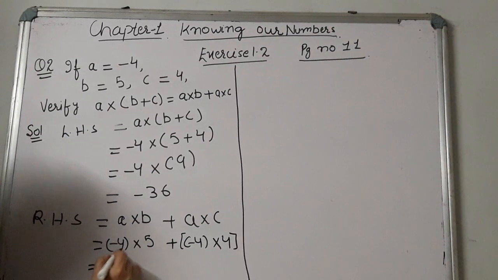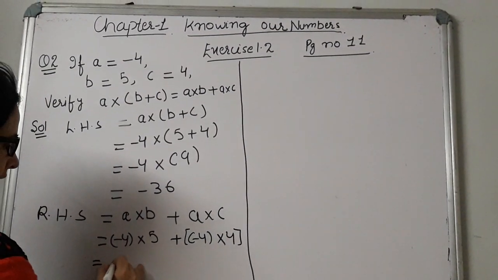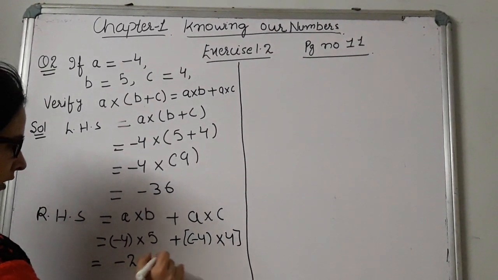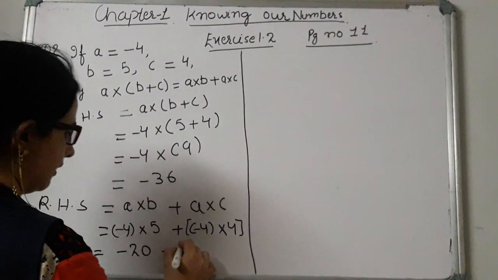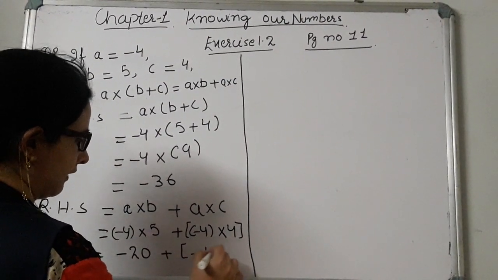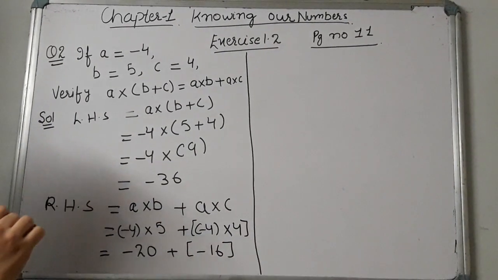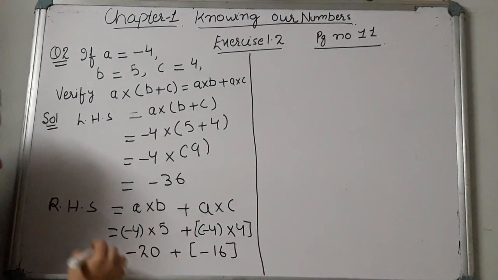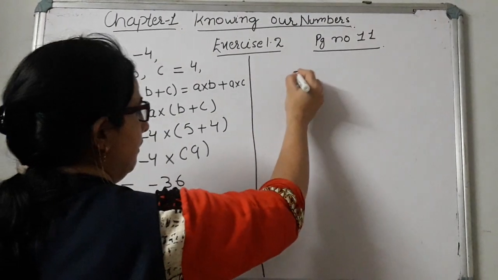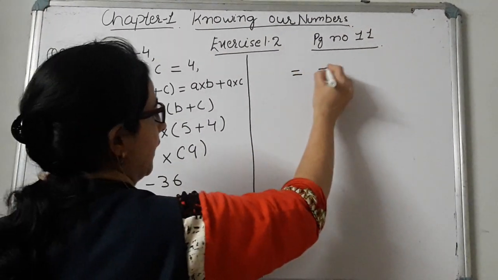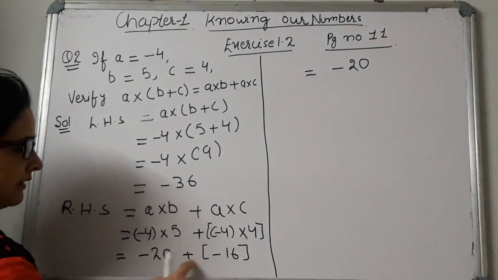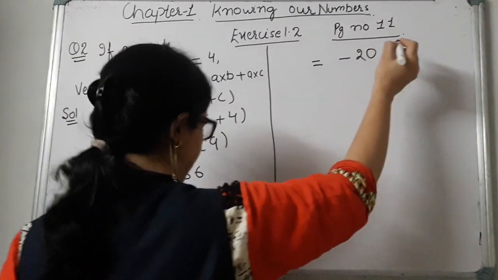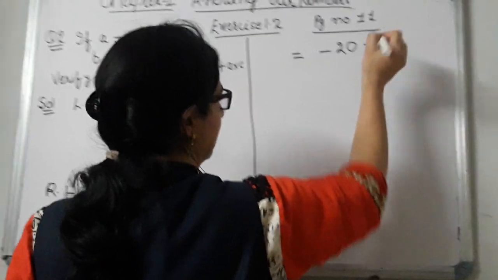Now -4 into 5 is equal to -20, plus -4 into -4. As we know, plus into minus is minus. So this will be equal to -20, again bracket means multiply, plus into minus is minus, that is 16.